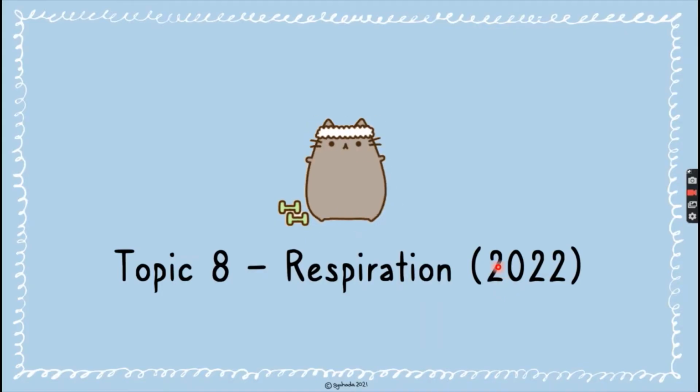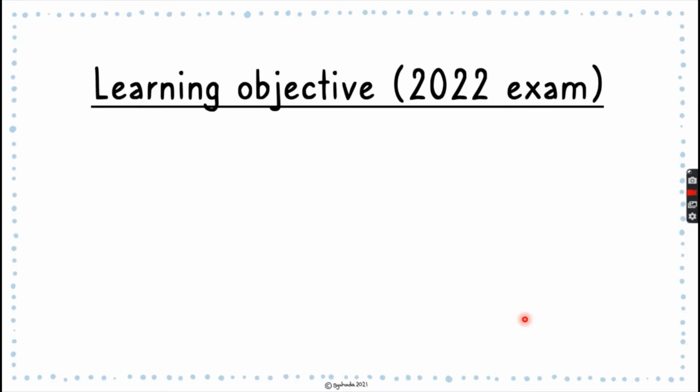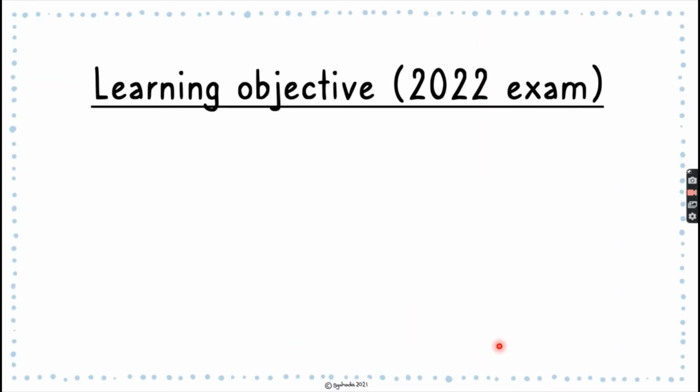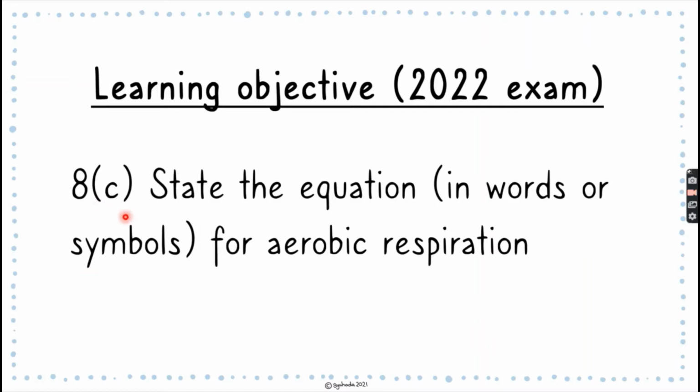All right, so topic 8, respiration for the 2022 exam. You have this learning objective. Firstly, it's 8B. Define aerobic respiration as the release of a relatively large amount of energy by the breakdown of food substances in the presence of oxygen. Next, you have 8C.